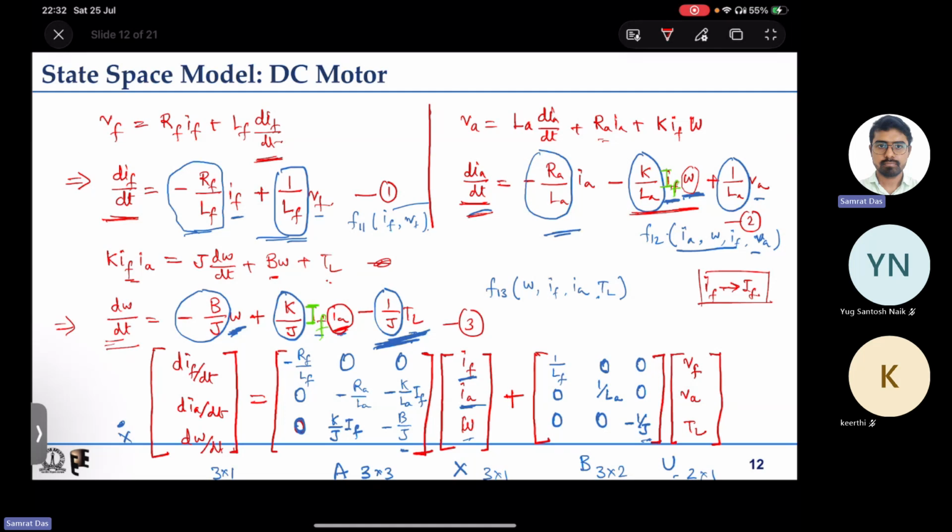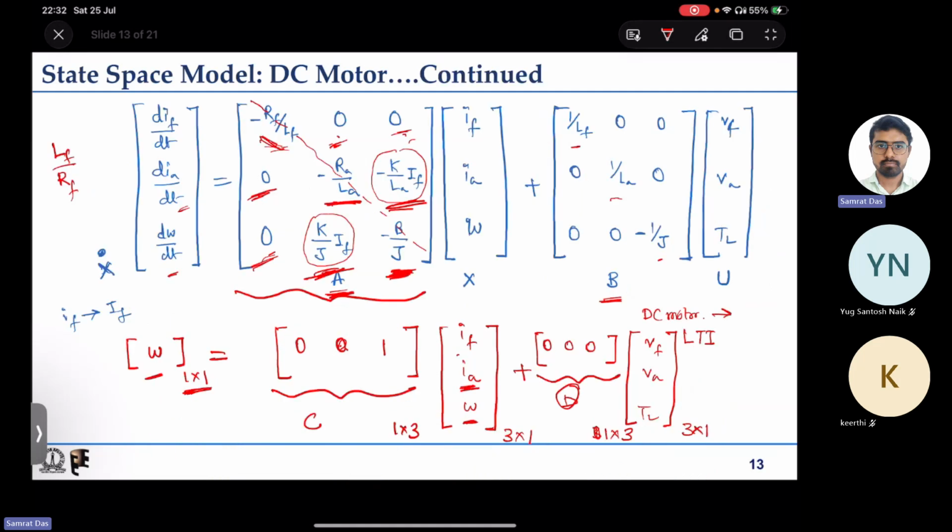Next we represented the output also, and after that we had a discussion on the A matrix, that is the system matrix, where we saw that the diagonal elements contain the reciprocal of the time constants of the individual differential equations, which represent the field circuit, armature circuit, or mechanical subsystem.